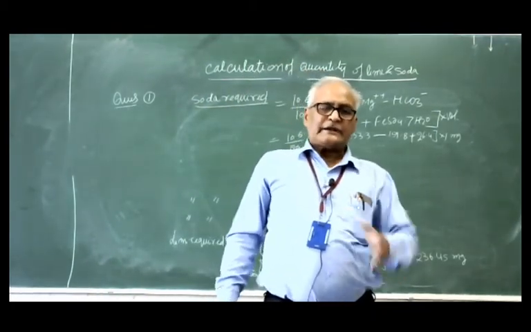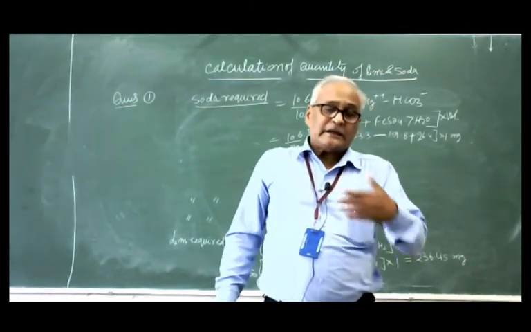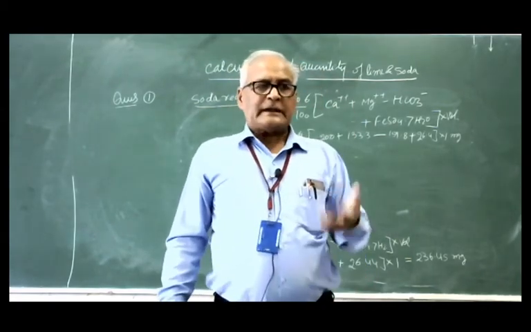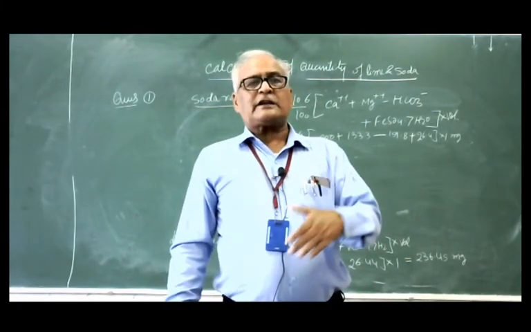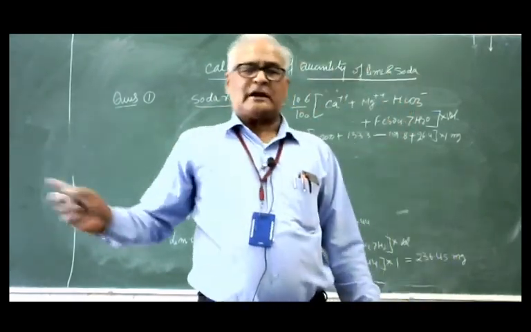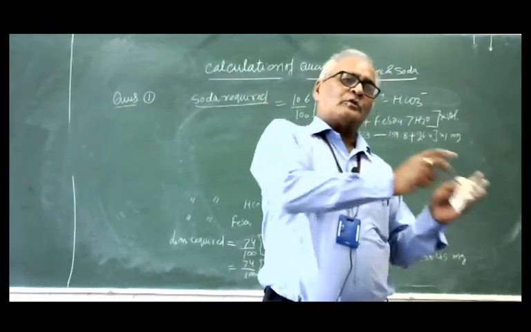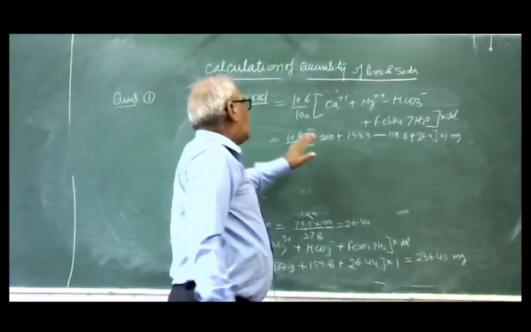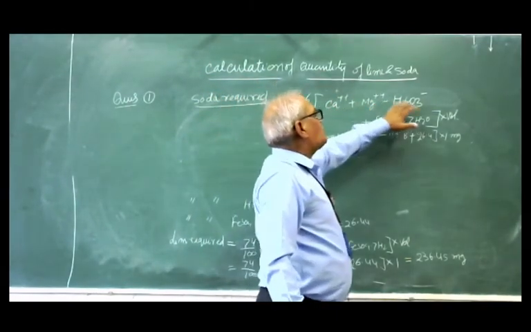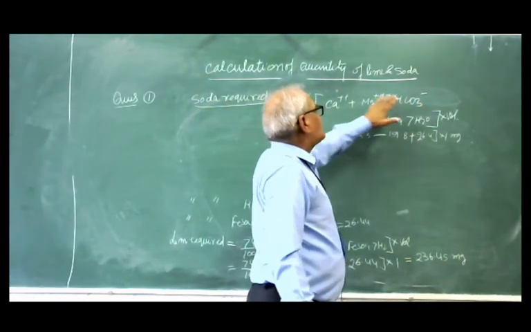Bicarbonate itself can create alkalinity, and therefore the alkalinity created by bicarbonate itself must be subtracted from the soda amount, and therefore in this formula I have written minus bicarbonate, the hardness created by bicarbonate must be subtracted.